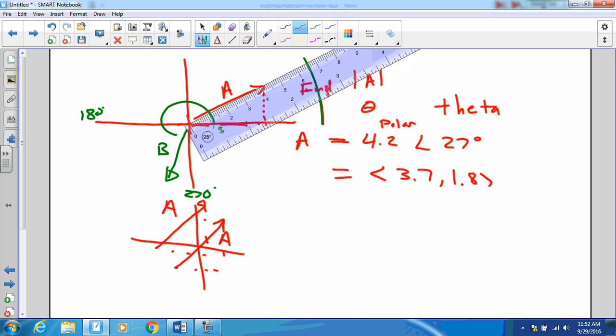Whatever you computed for that magnitude should be really close to what you measured. We computed 3.68, measured 3.60. That's pretty good. So here is the rectangular form of my vector, and here is the polar form of my vector.